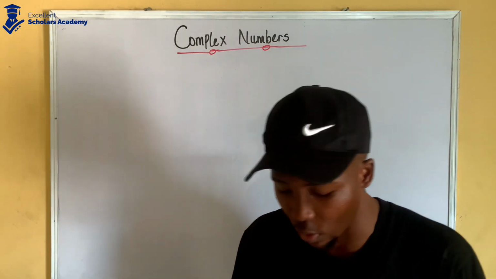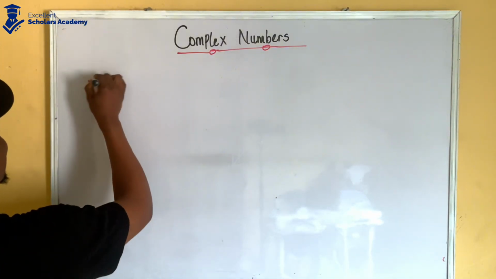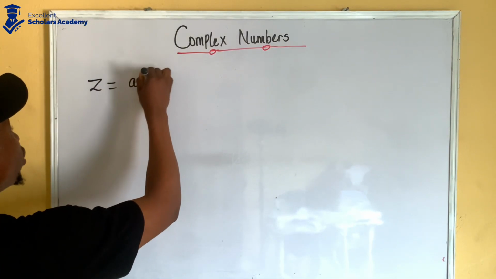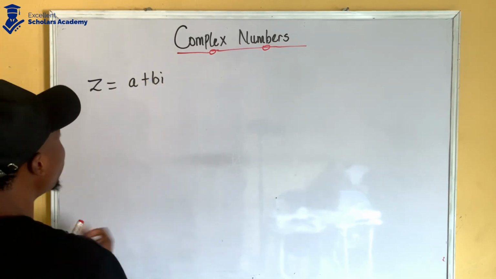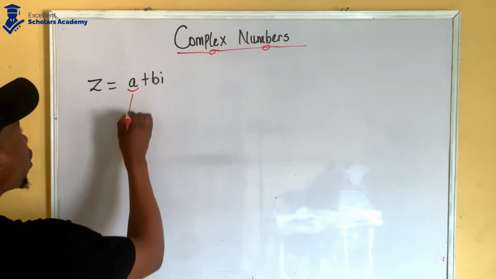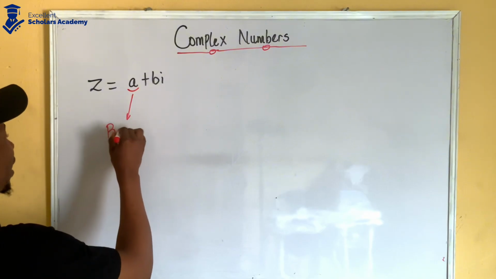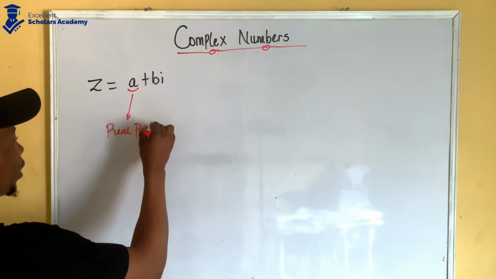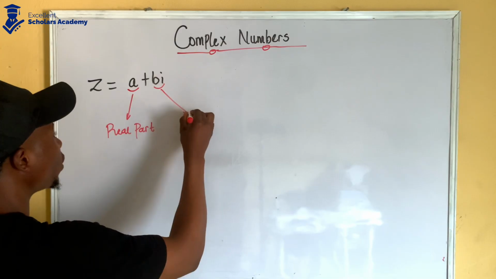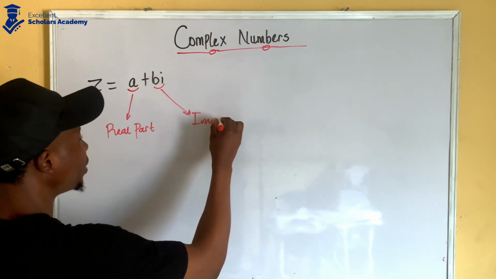Now, what's a complex number? A complex number, let's say Z, can be represented as A plus BI. This part is called the real part, while this part is called the imaginary part.